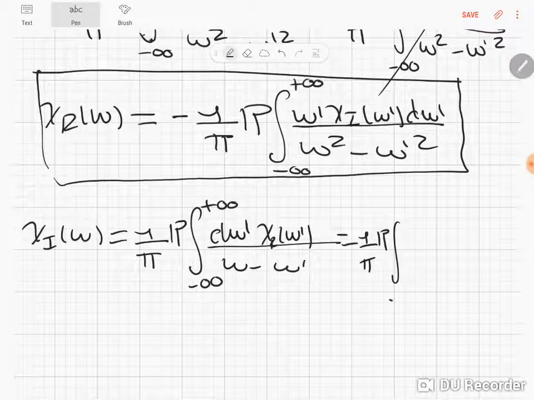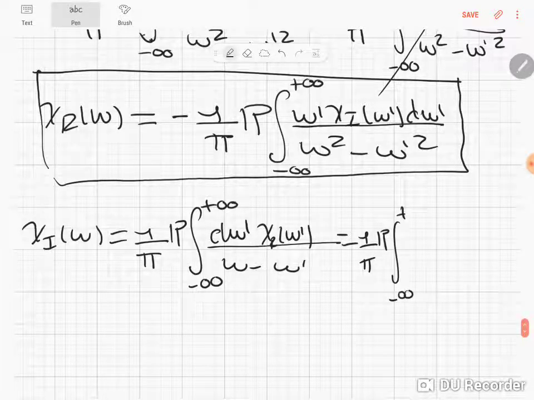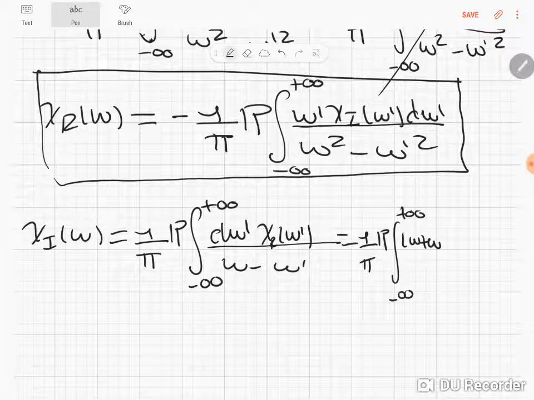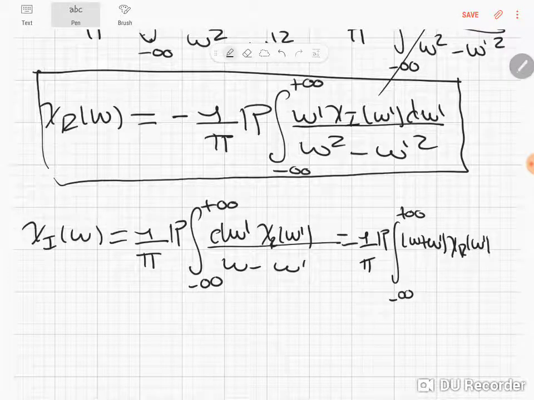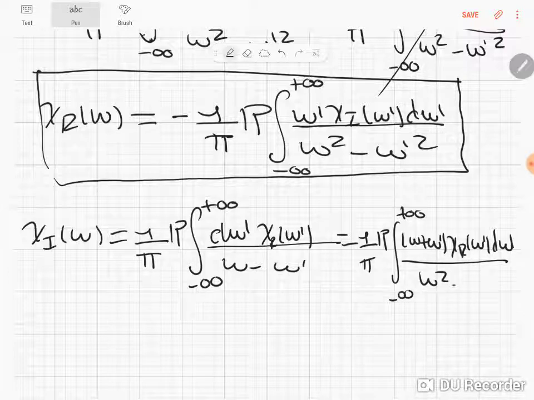principal value of the integral from minus infinity to plus infinity of omega plus omega prime chi real of omega prime, d omega prime divided by omega square minus omega prime square.